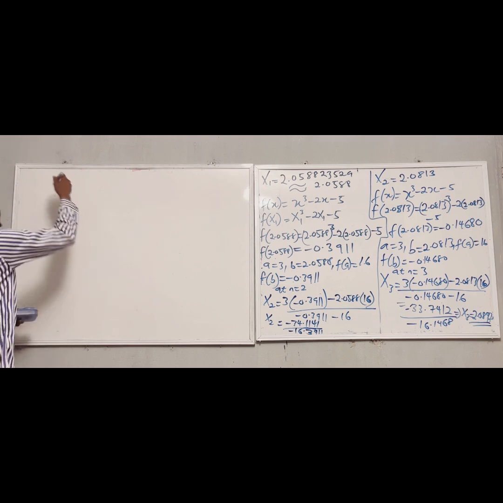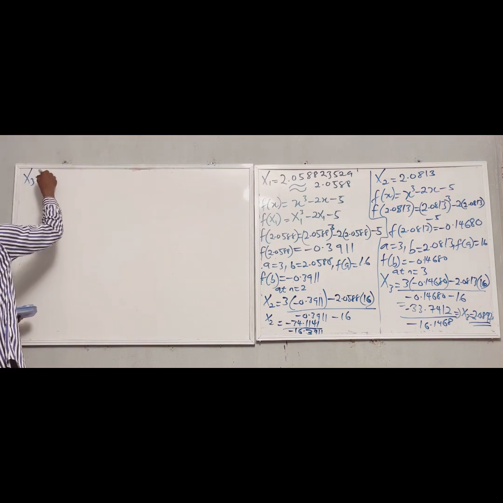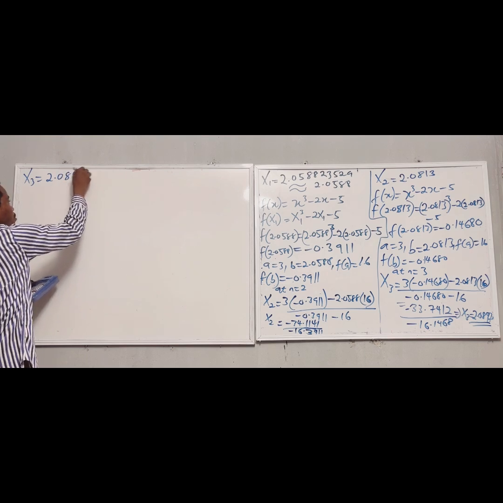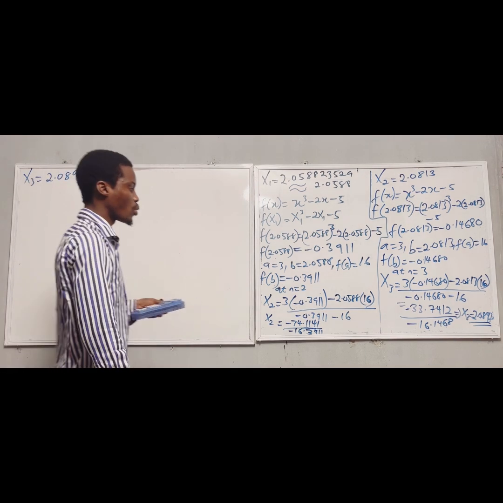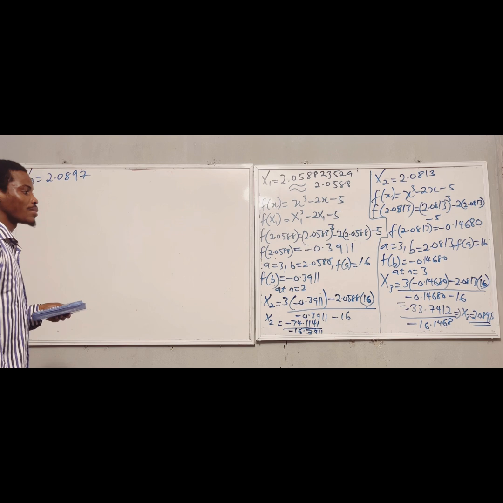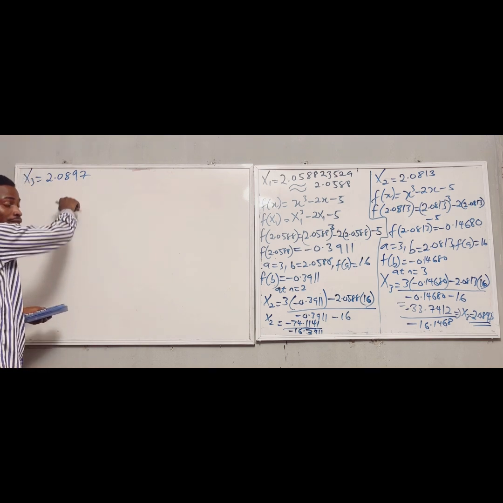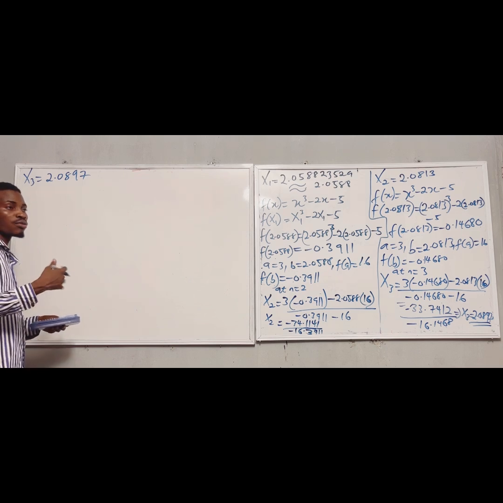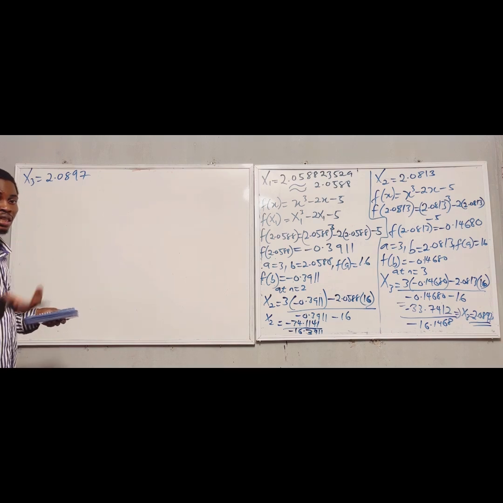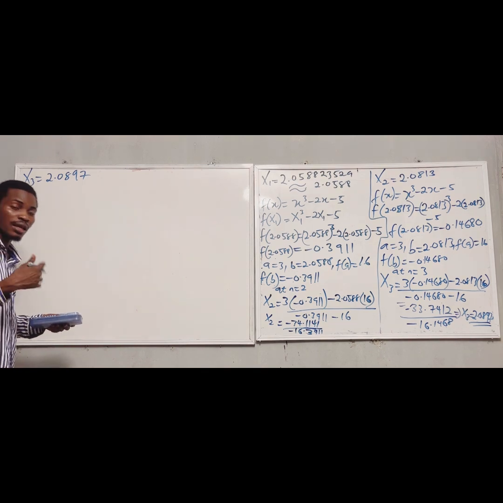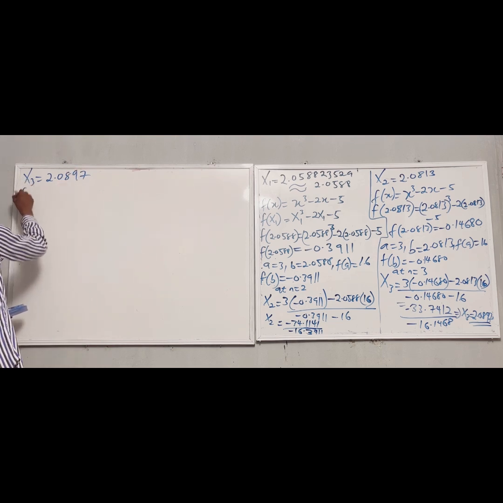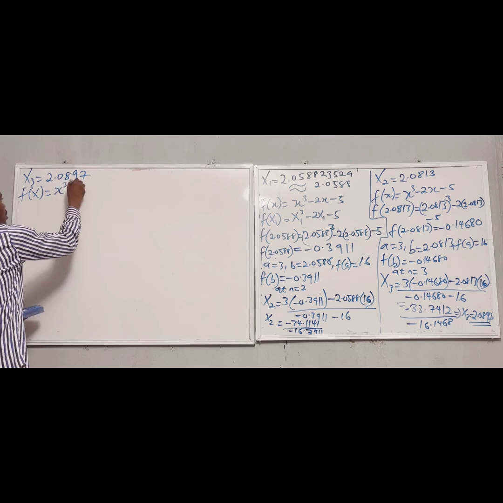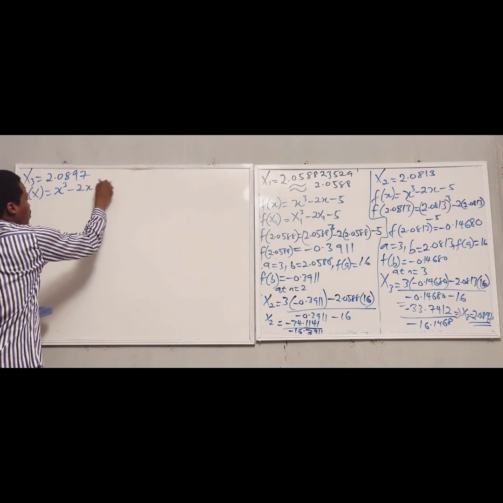Since I have my S3 as 2.0897, what is my next step? I have to plug this into that function so that I can get my f of B and f of A. So f of x is s to the power of 3 minus 2s minus 5.